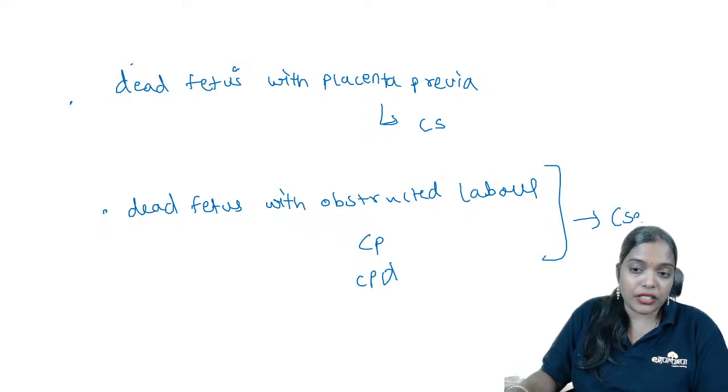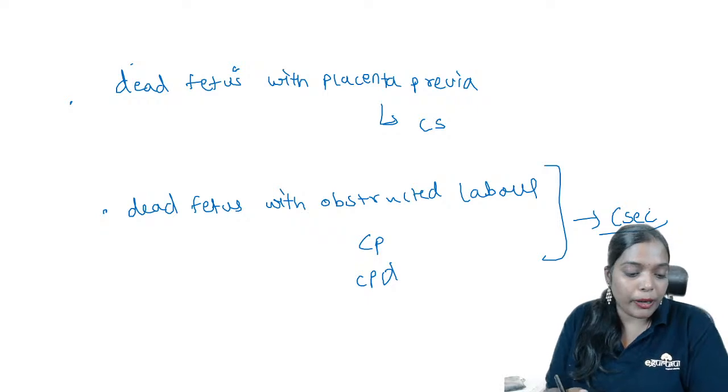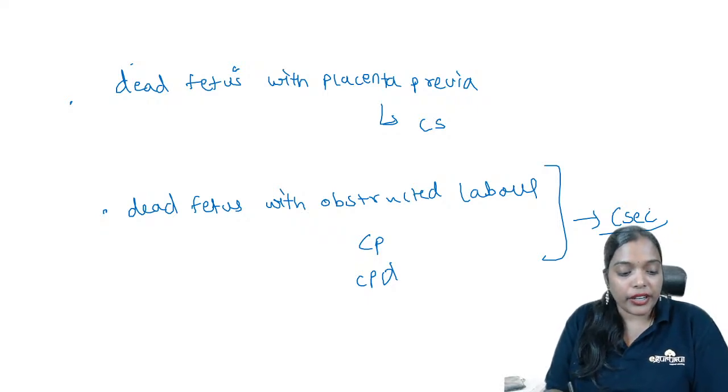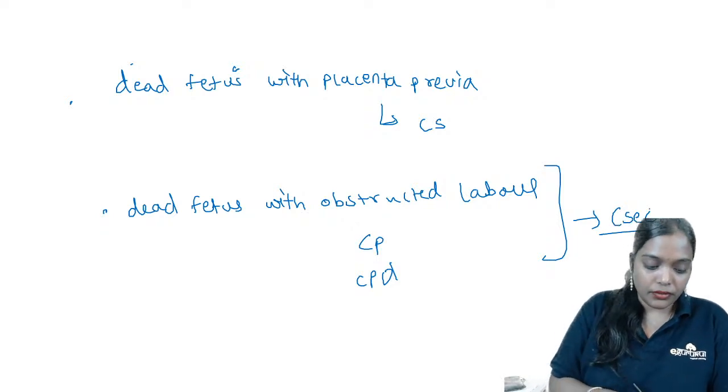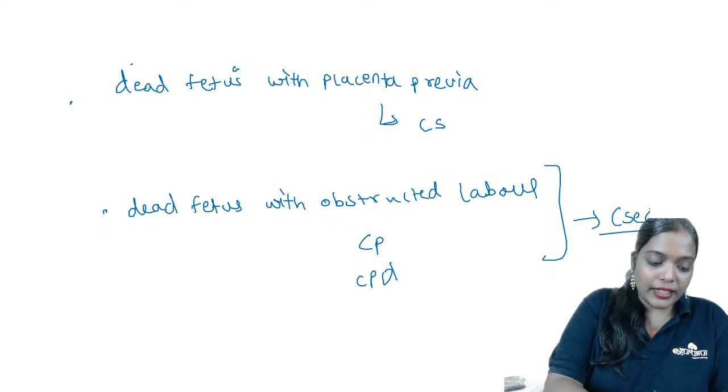You'll again go for cesarean section because here, although baby is dead, the baby can't come out. So again, you'll go for cesarean section, right? Okay, any other doubts, guys?